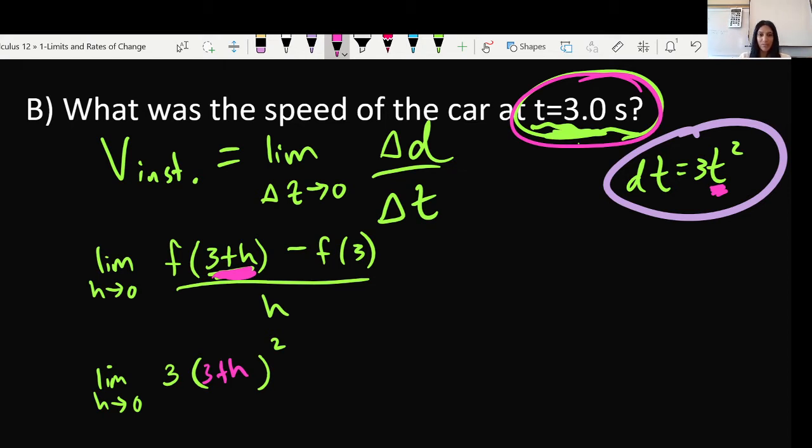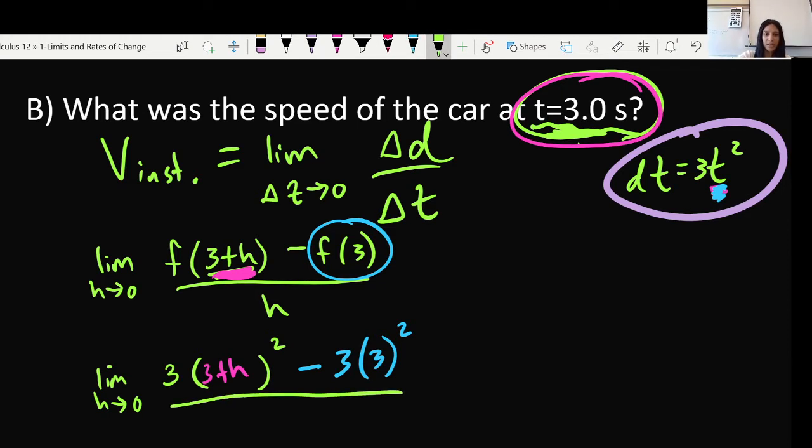So 3 plus h squared, and then here, notice that we had minus f of 3. So I'm going to do minus f of 3, which would be 3 times 3 squared. So I'm just plugging in 3 in for t there. Okay, so then the whole thing is divided by this value of h.